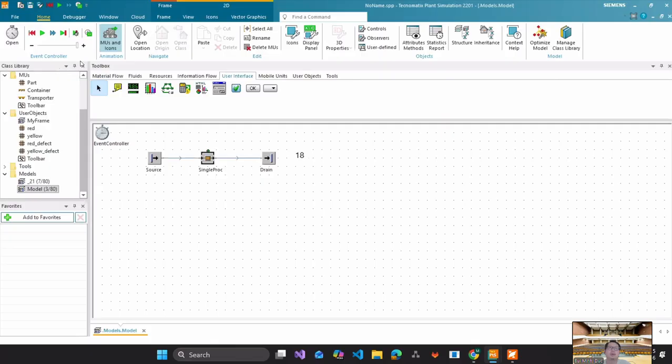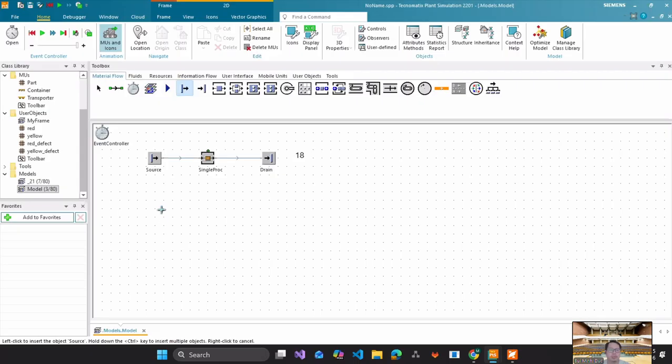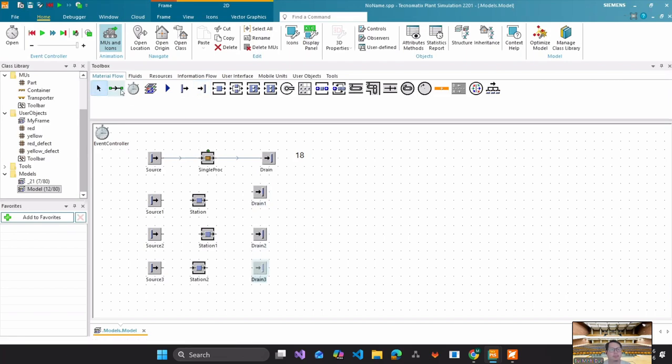So here, I create now material flow. So here, so here, so here, single block or station, and then ray, ray, ray.